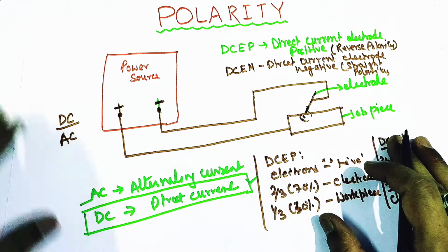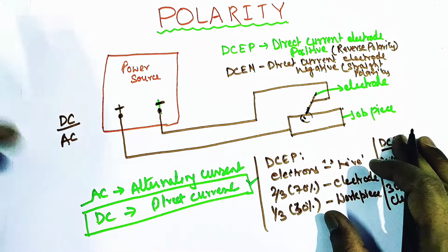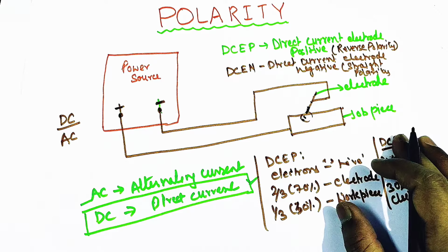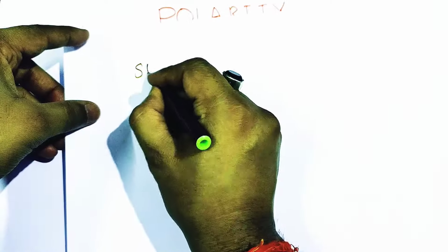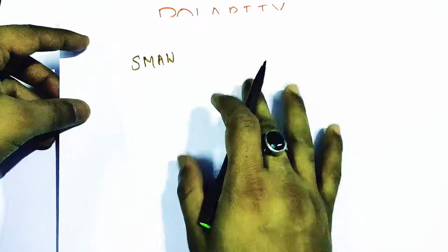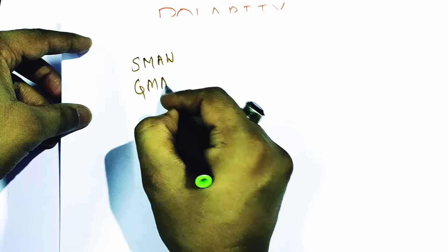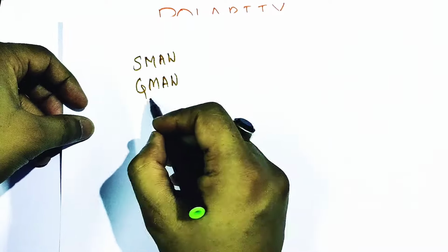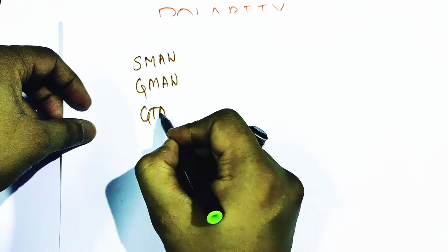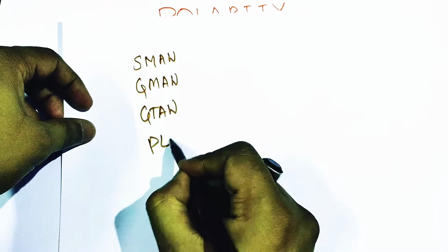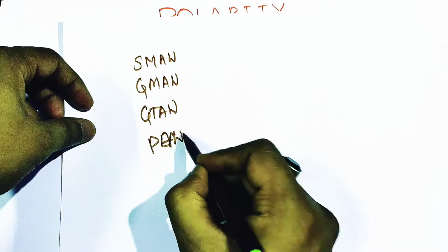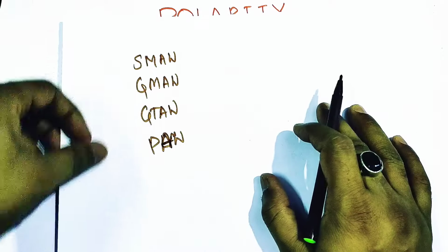So friends, consider some of the welding processes like SMAW, GMAW also called as MIG or MAG welding, GTAW also called as TIG welding, and plasma arc welding, PAW.